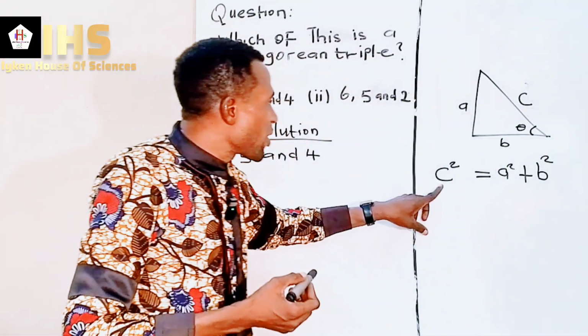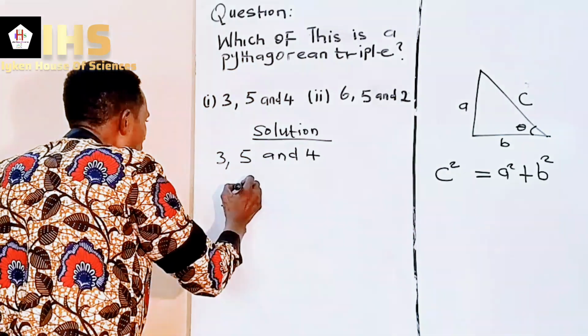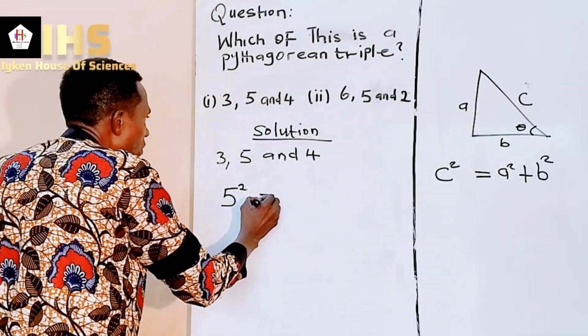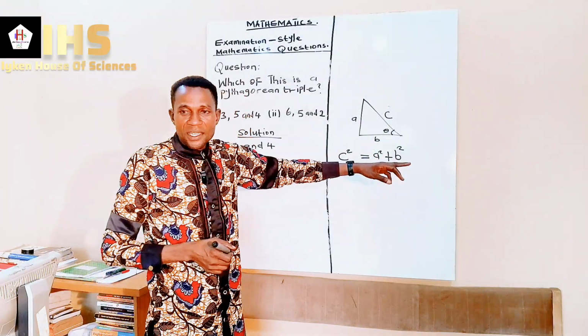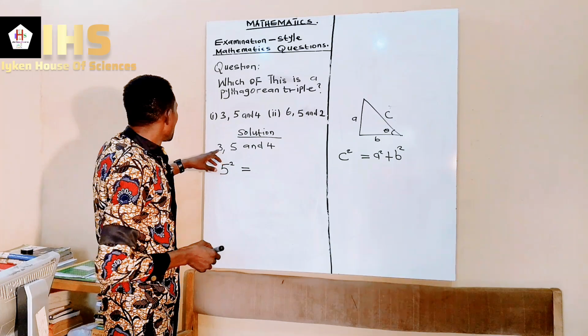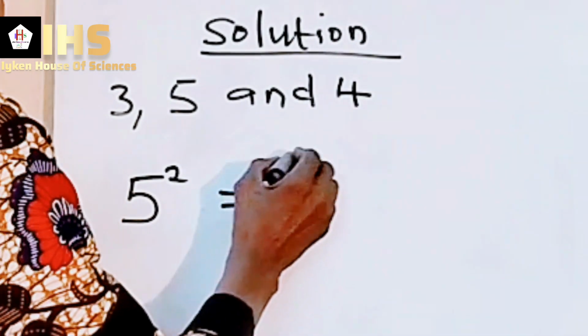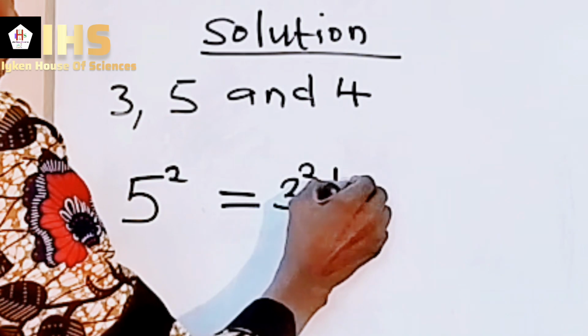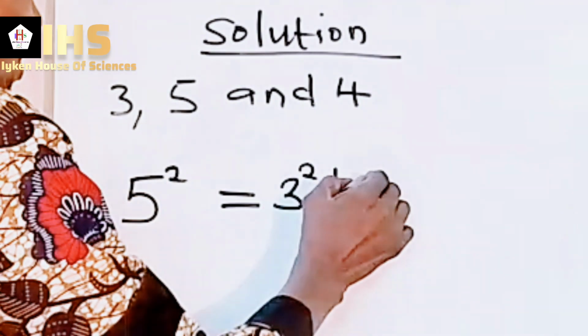It is now representing this very C, and we'll square it. And then, any of these two can take A, but let's make 3 to be our A. And then 4 to represent our B.